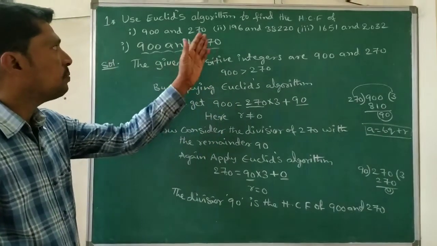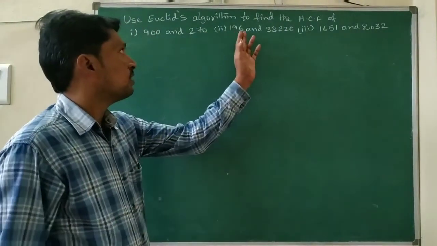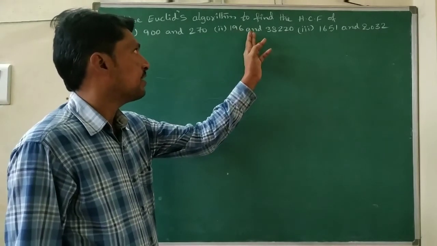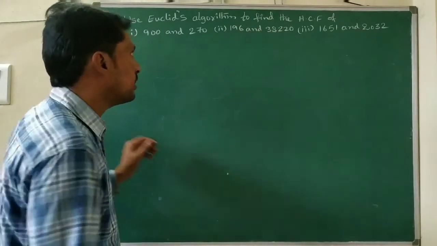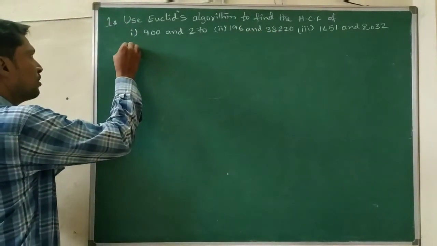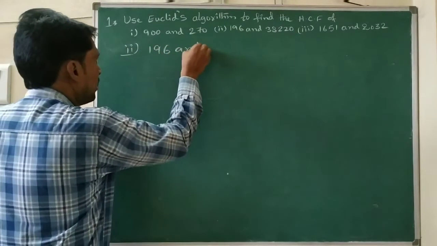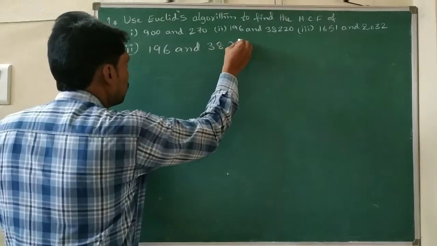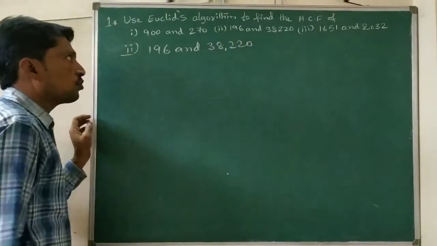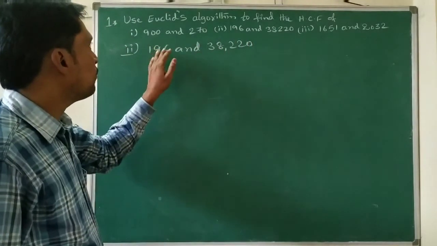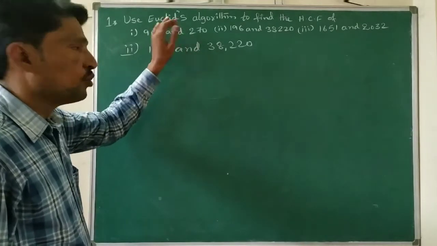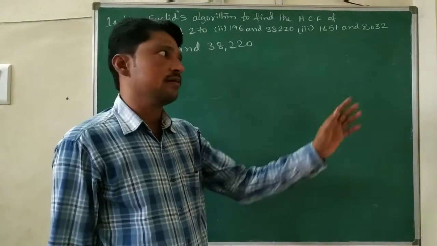Okay, next problem, the second one, that is 196 and 38,220. We need to find the HCF of these two numbers using Euclid's algorithm.